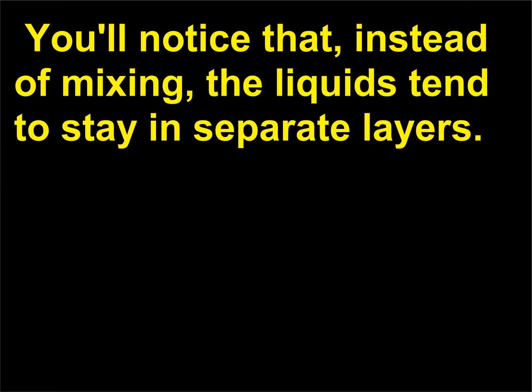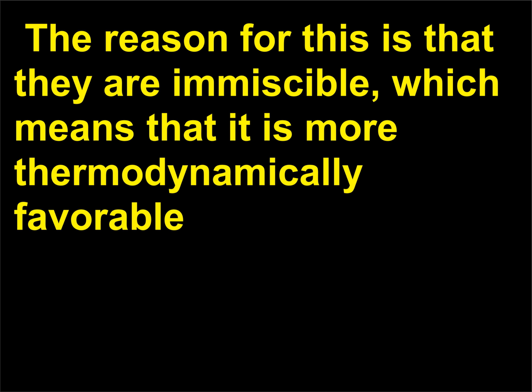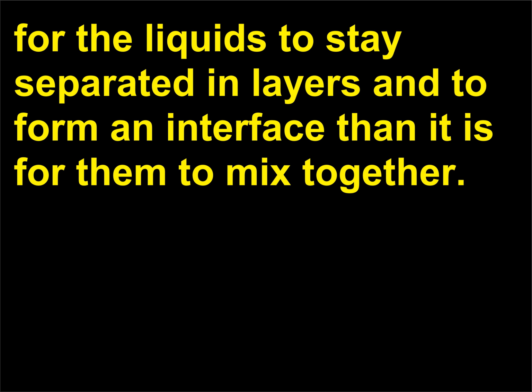You'll notice that, instead of mixing, the liquids tend to stay in separate layers. The reason for this is that they are immiscible, which means that it is more thermodynamically favorable for the liquids to stay separated in layers and to form an interface than it is for them to mix together.